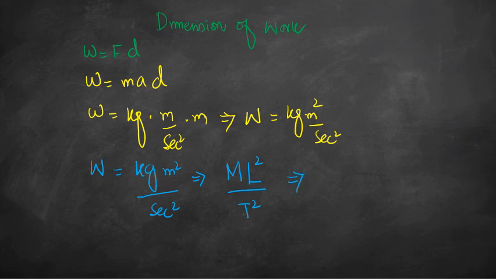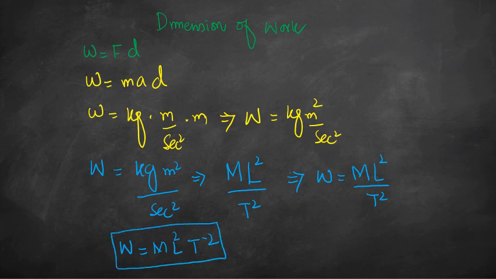So W in dimension becomes M L square divided by T square, and you can write it as W is equal to M L square T minus square. This is the representation of the dimension of work.